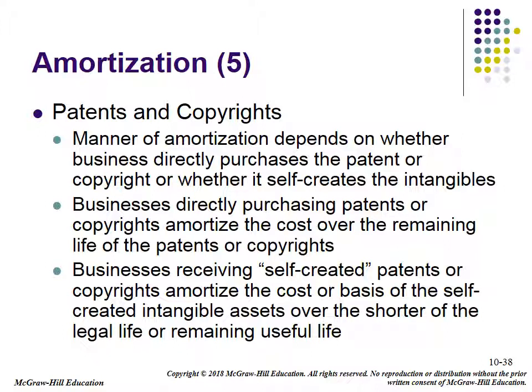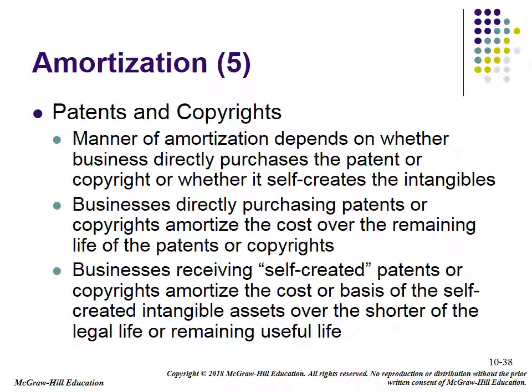Patents and copyrights. The manner of amortization depends on whether the business directly purchases this or whether it's self-created. Businesses directly purchasing the patent or copyright amortize the cost over the remaining life of the patent or copyright. Businesses receiving self-created patents or copyrights amortize the cost or basis over the shorter of the legal life or the remaining useful life.